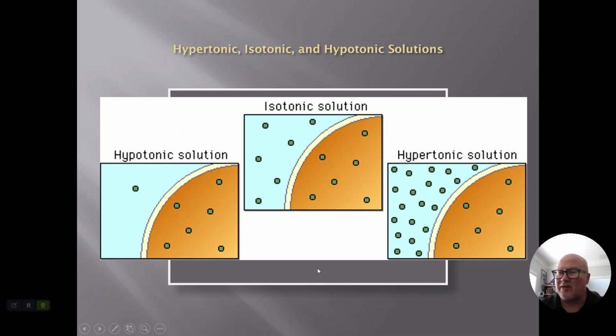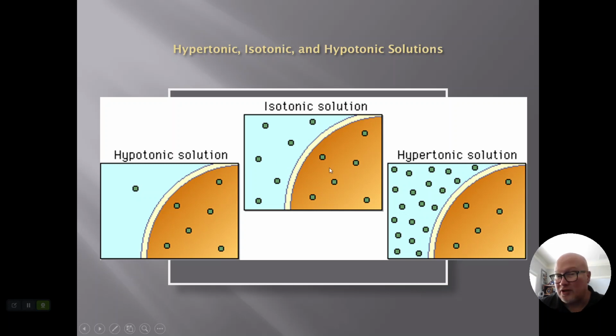And this happens whenever we put a cell into some different kinds of solution. If I put a cell in what's referred to as a hypotonic solution, that means there are fewer solutes outside than inside. What's going to happen is water molecules on the outside are going to flow into the cell. If I have something that's an isotonic solution, which is the way that we like to keep things in our body, then you're going to have no net movement of water molecules going back and forth.